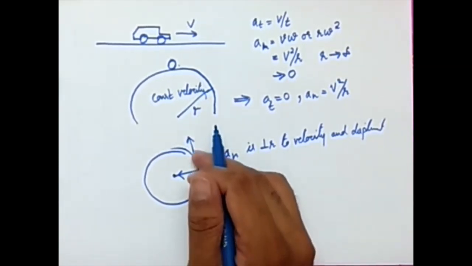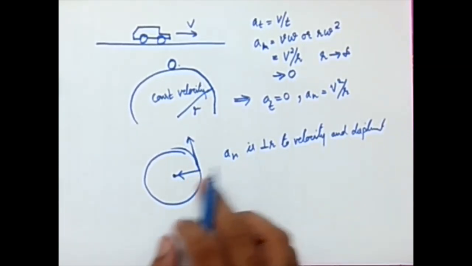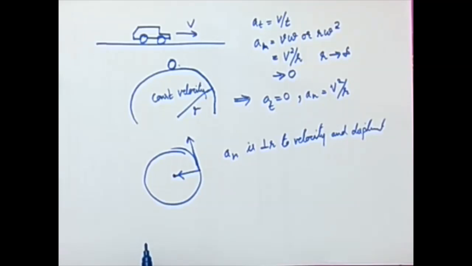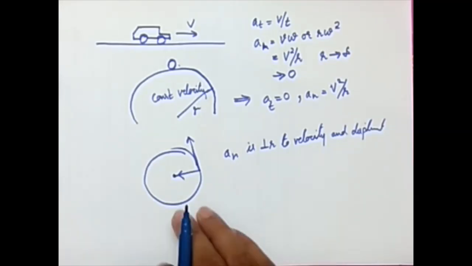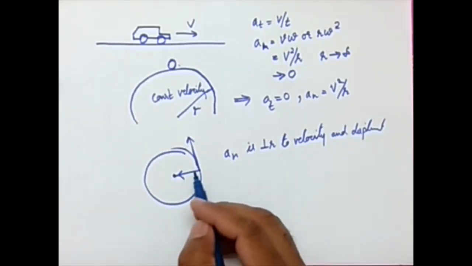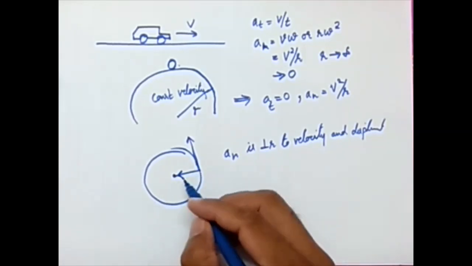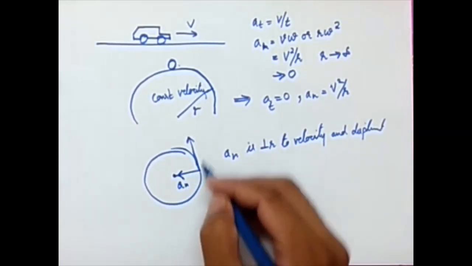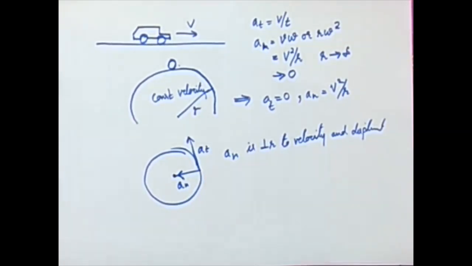The object is moving in this direction and the normal component is perpendicular to that. So the direction of the normal component of acceleration will be along the radius towards the center. This is the normal component and this is the tangential component. This is the basic thing that we need to know about normal and tangential acceleration.